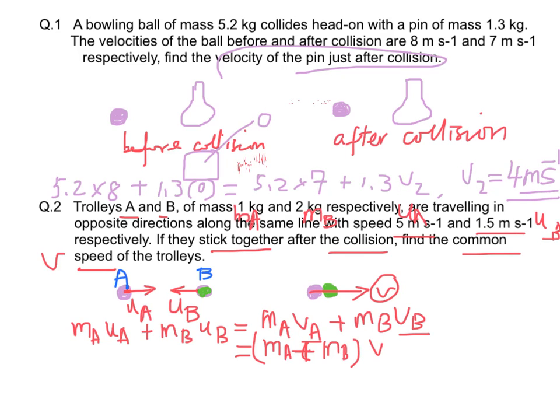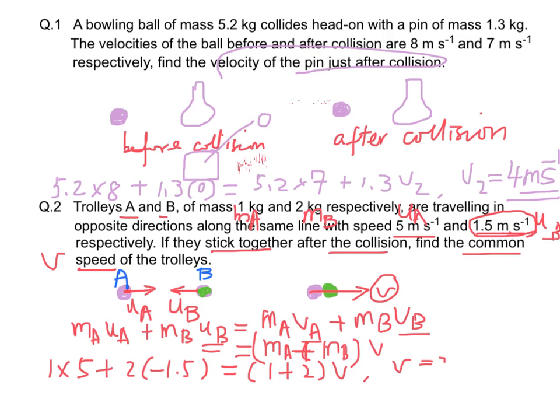As a result, we have 1 times 5 plus 2 times negative 1.5, because B is initially traveling to the left, equal to (1 plus 2) times v. Therefore, the common speed after collision will be 0.67 meters per second, which is to the right because this is positive.